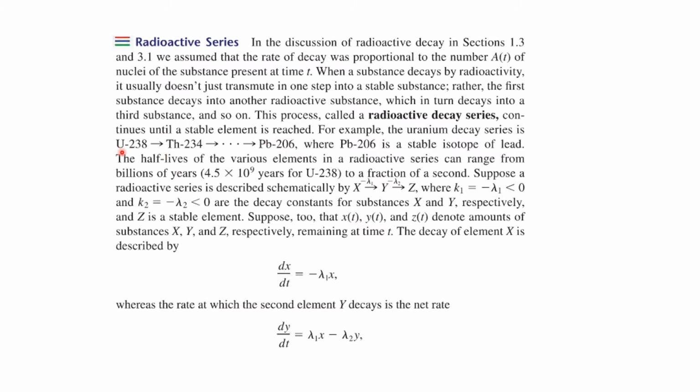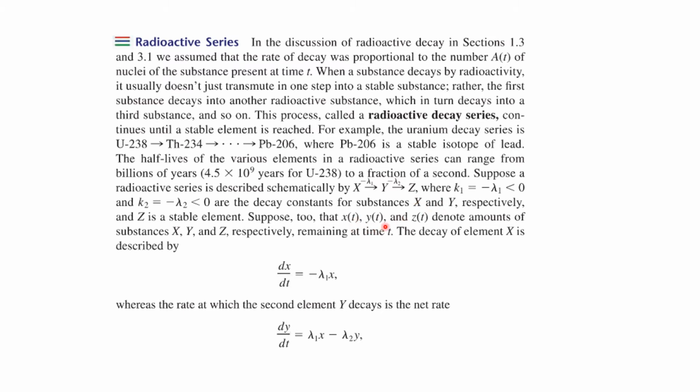This is the sequence that happens for U-238 uranium, and it eventually becomes lead. And so suppose that we have a radioactive series described by this. So x is changed into y, and y is changed into z, and these are the decay constants for the substances, and z is a stable element.